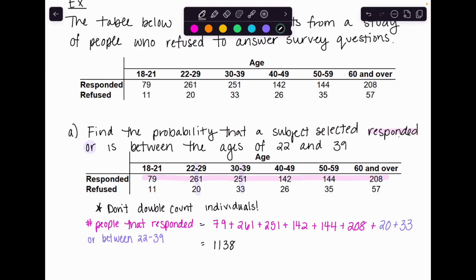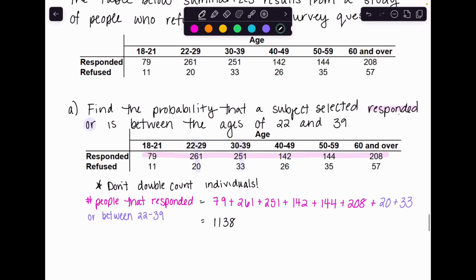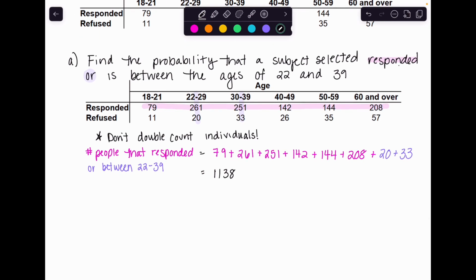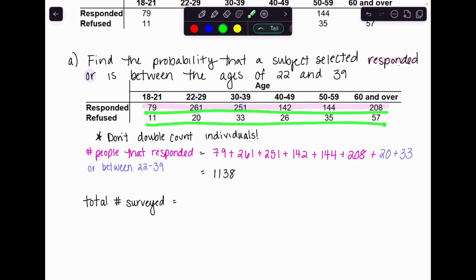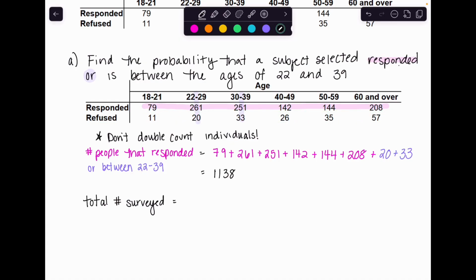Now, if I want the probability of this happening, I also need my total number of people that were surveyed. And in that case, that means I need to go ahead and add all of these together, because unfortunately at the start, they did not give me the number of people that are surveyed. So I have to figure that out.